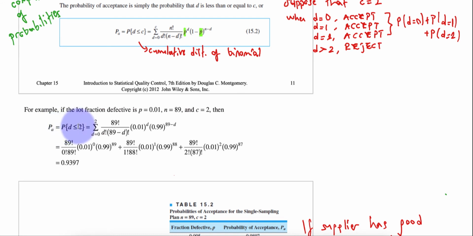Here we have three cases. D can be 0, D can be 1, and D can be 2. When D is 0, this will be our calculation. When D is 1, this will be our calculation, and when D is 2, this will be our calculation. When we sum them up, when we calculate the cumulative probability, we come up with the probability of acceptance with these parameters.